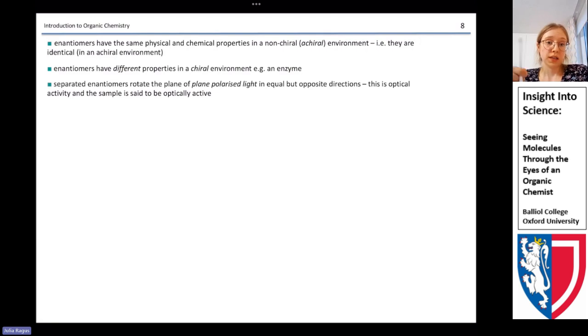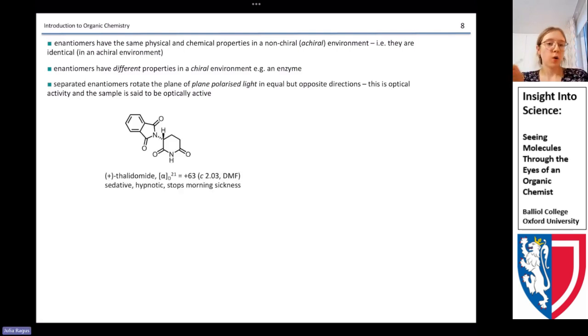And when we can see that the plane of polarized light is rotated, then the sample is said to be optically active. So enantiomers have the same physical and chemical properties, but different properties in a chiral environment. Why do we care?